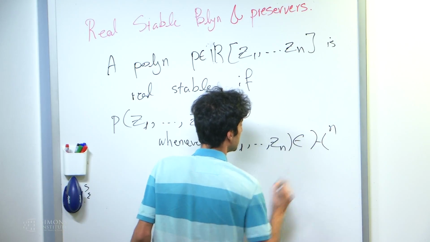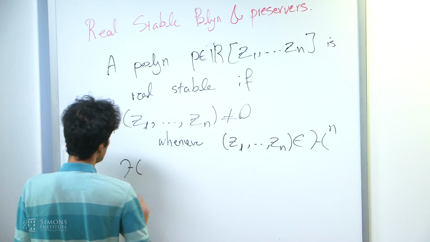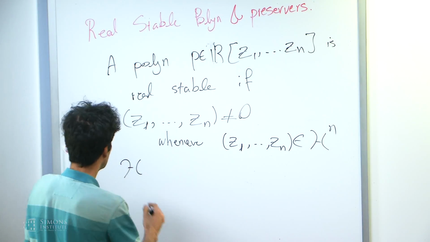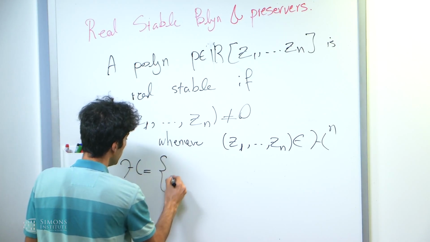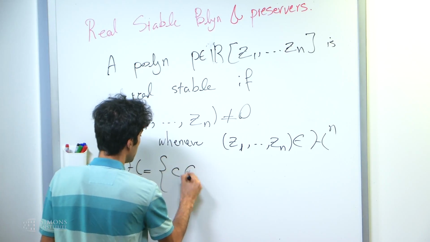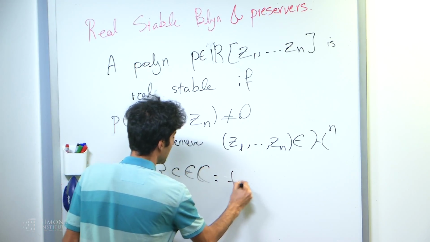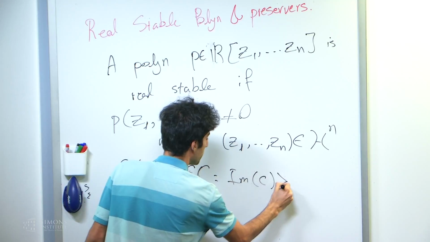So what is H^n? What is H? I'm going to use H to denote the set of complex numbers with positive imaginary value. So these are the set of complex numbers c such that the imaginary value of c is positive.